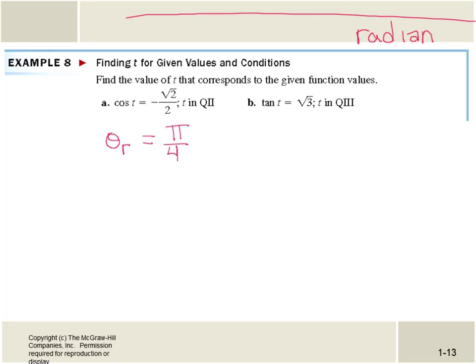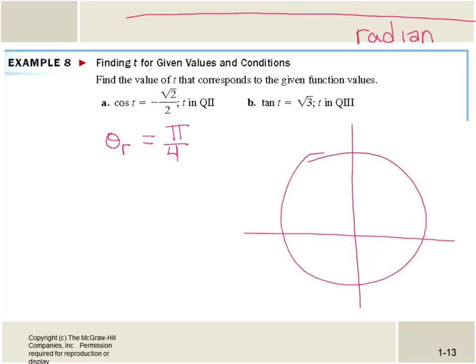Now, we know that's the reference angle, and that's in quadrant 2, because that's what they're telling us. So in quadrant 2, this is the reference angle, which means what I really want to know is, what is this value? How do I find that? We're working on A right now.